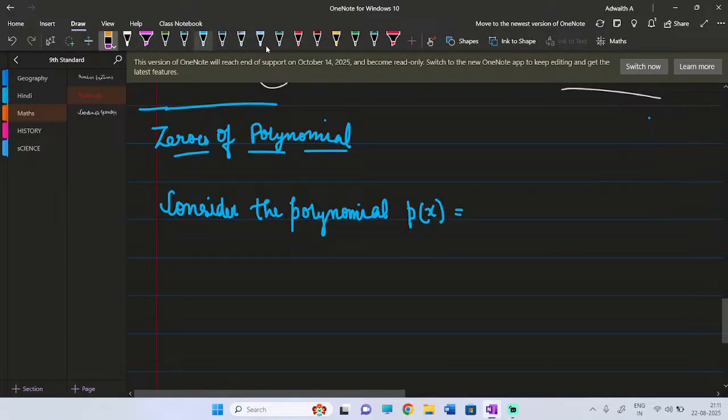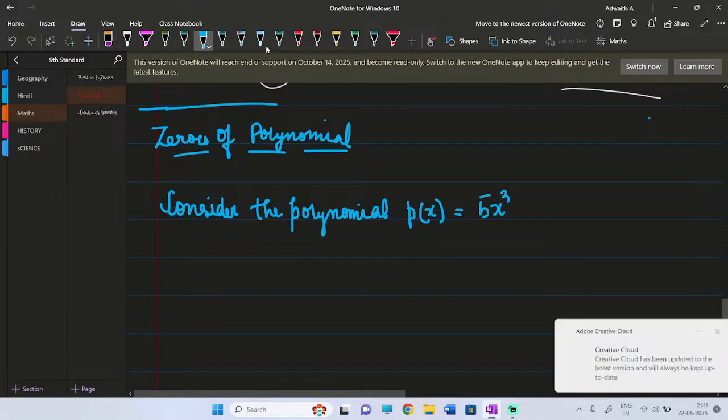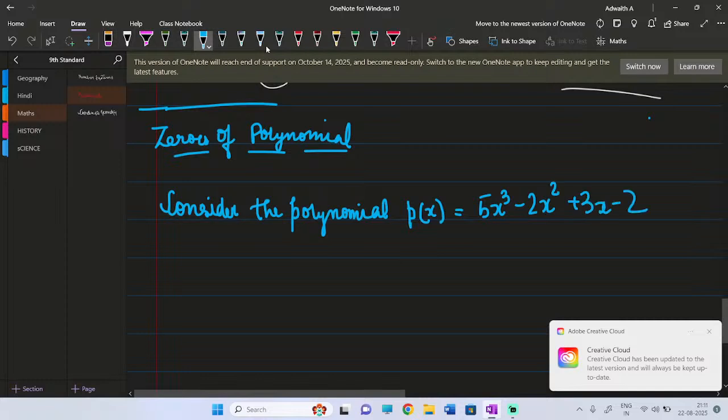So P of x is equal to 5x cube minus 2x square plus 3x minus 2.